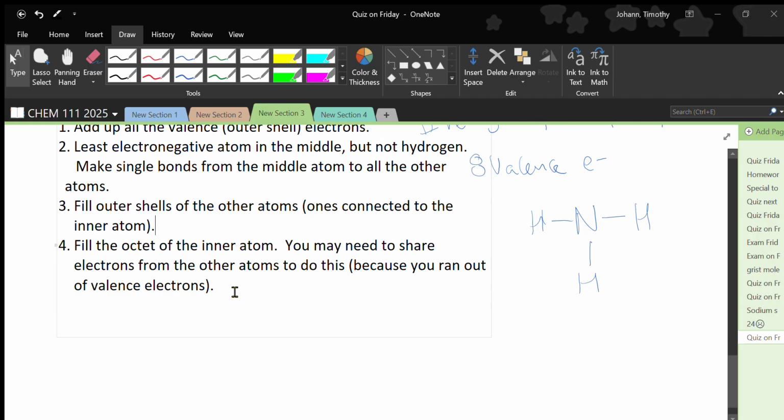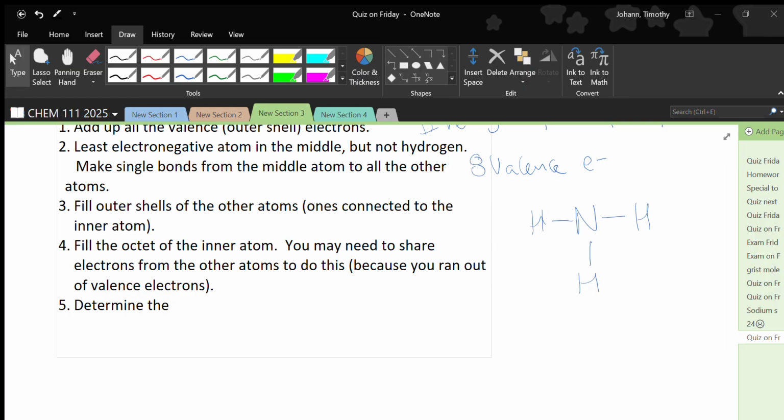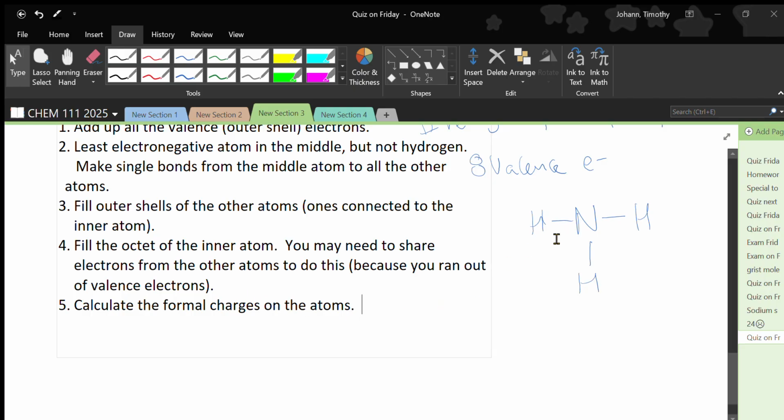And then the final thing that we're not going to do right now, we'll draw some Lewis dot structures first and then worry about this, is you're going to determine or calculate the formal charges on the atoms. And we'll talk about formal charges and how to use those to figure out the best structure.